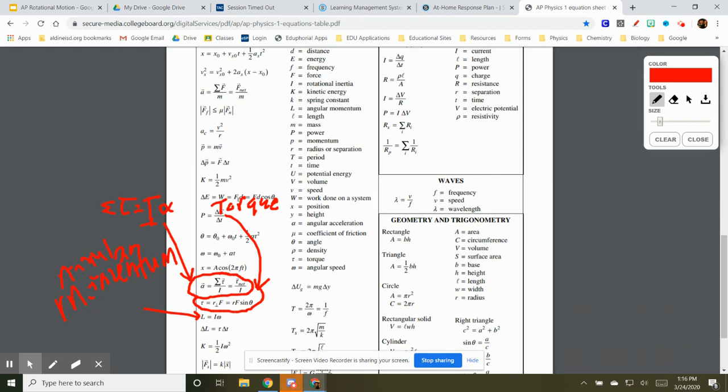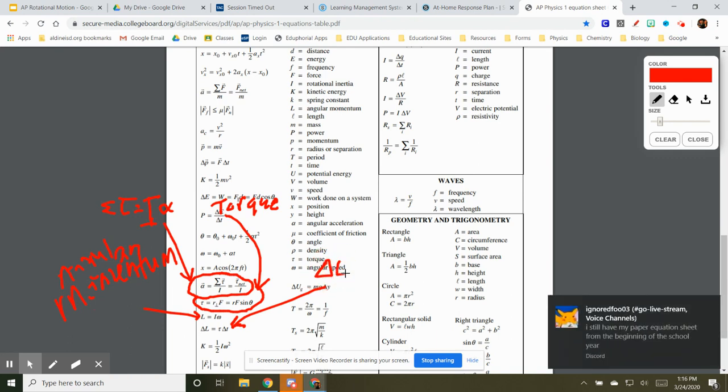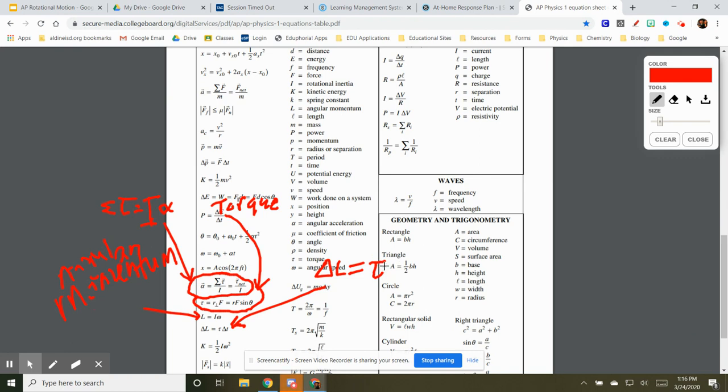Okay, so that last one's supposed to be angular momentum. And then there's this last one right here that I want to point out. What is that? Change in L equals, good job, Gabriel, keeping your stuff, T times change in time.